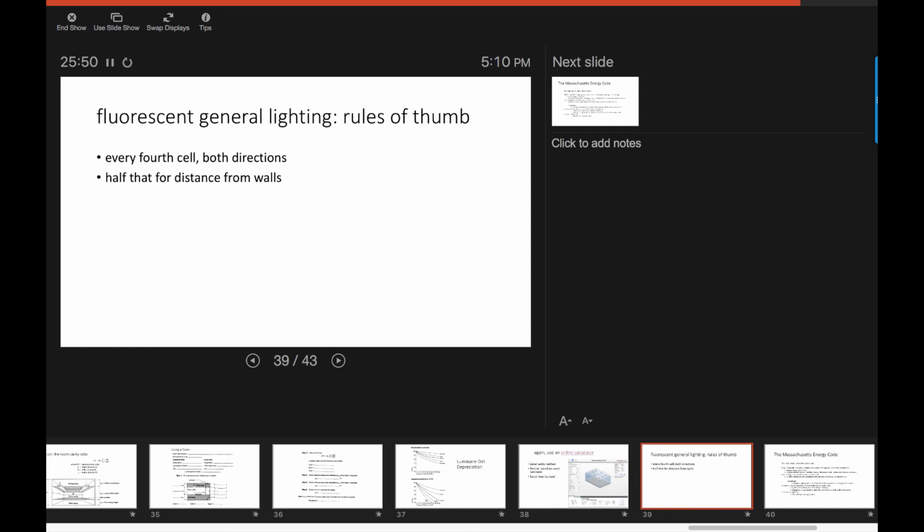If you're like, well, I just want to get this laid out for my presentation tomorrow, then there are certain general rules, fluorescent general lighting, general rules of thumb. Every fourth cell, both directions. There you go. You're done. Okay. Does that work every time? No, of course not. A higher ceiling means either you're going to have super bright fixtures up there, or you're going to need more of them.